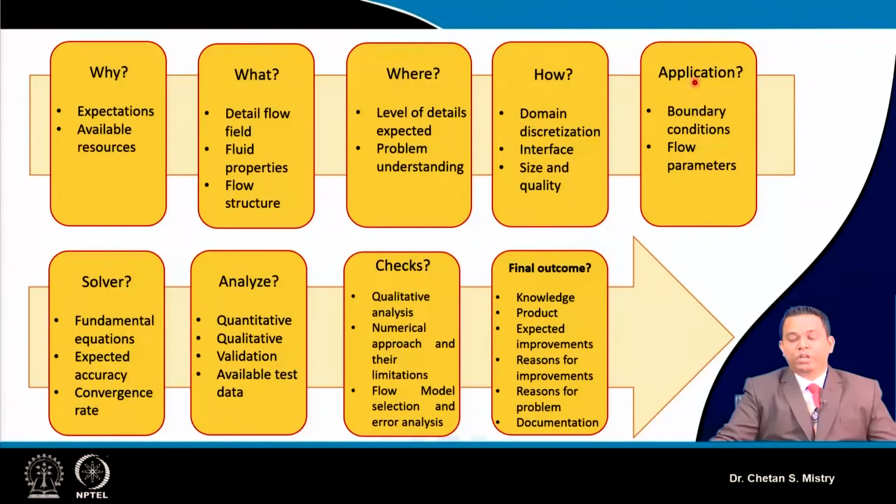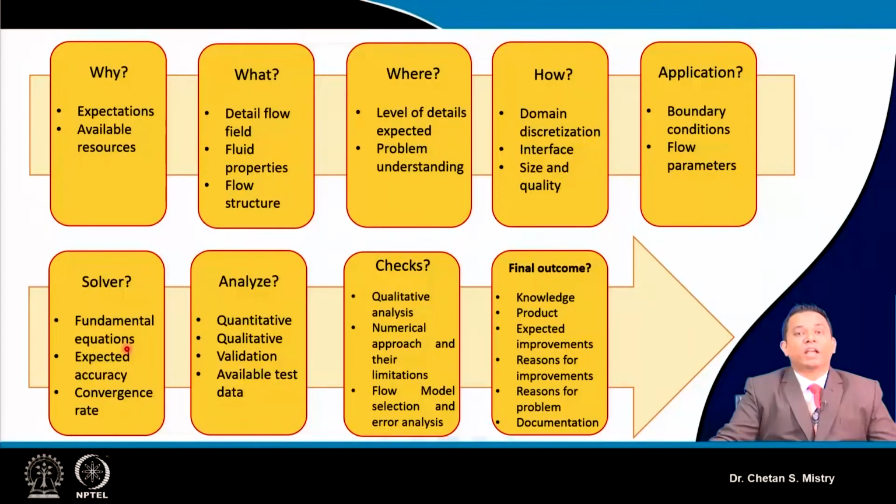Now after doing this understanding, we have our discretized domain, we are having our boundary conditions. Now we are looking for the solvers. So solvers basically will be solving our fundamental equations. We can say conservation of mass, conservation of momentum, conservation of energy, maybe we will be having the gas equation, all those terms that need to be solved.